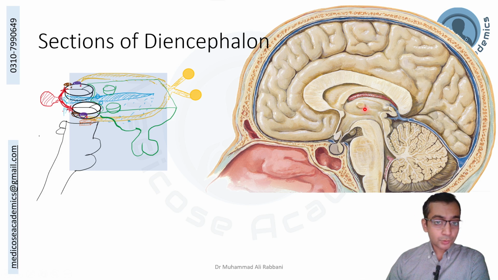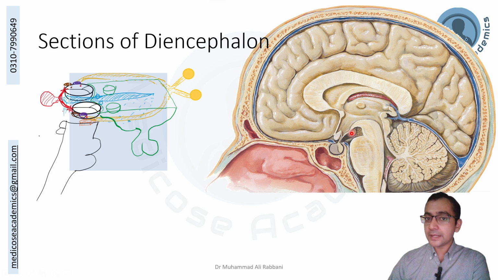Let me quickly go through them again. The thalamus, interthalamic adhesion, below there is the hypothalamic sulcus, stria terminalis, choroid plexus, fornix, body, pineal gland, habenular commissure, posterior commissure, hypothalamus, anterior commissure, lamina terminalis, optic chiasm, pituitary gland, pituitary stalk, infundibulum, hypophysis.